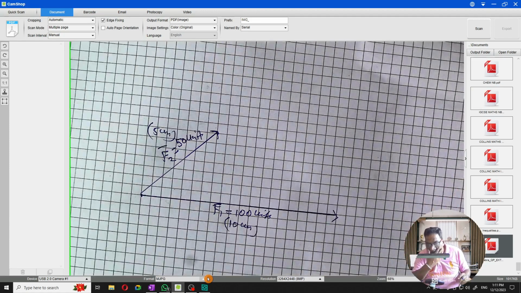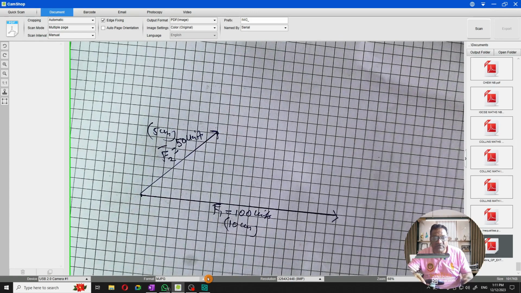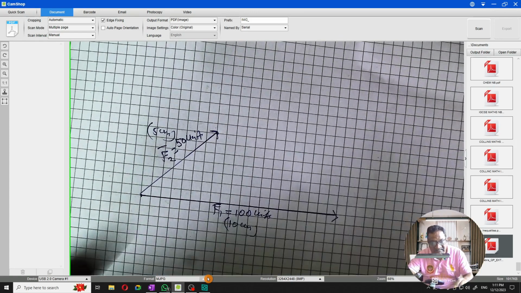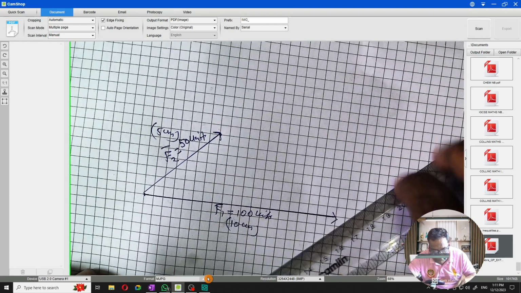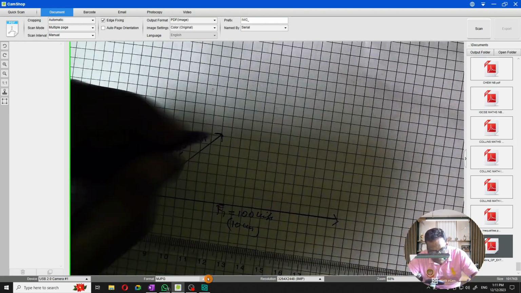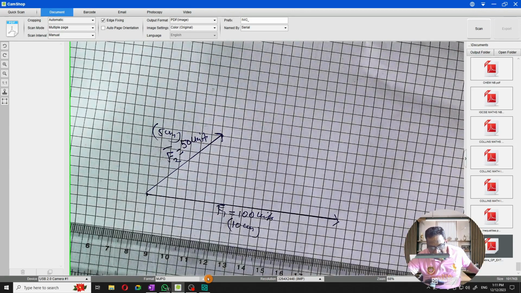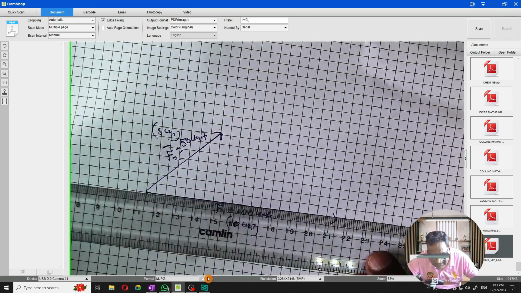Got it? Now I am going to complete this parallelogram. These are the two adjacent sides of a parallelogram. To complete it, I'll have to draw again 5 centimeter over here, because in a parallelogram the opposite sides are equal and parallel.